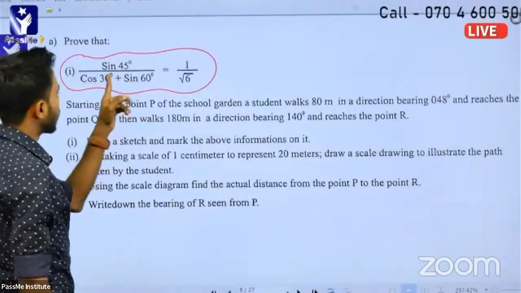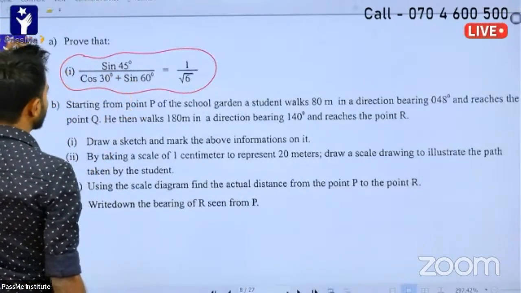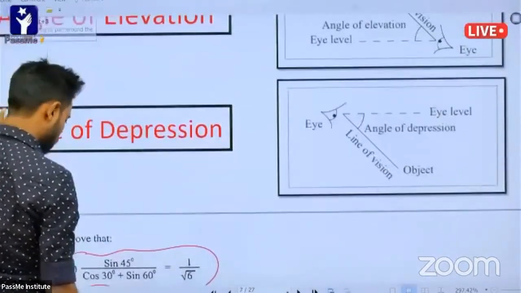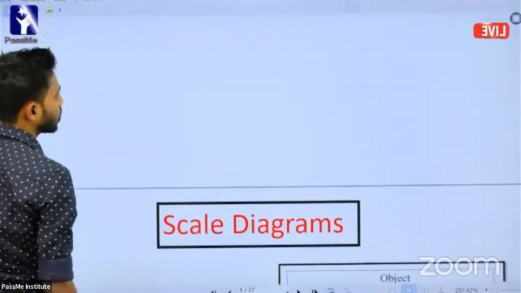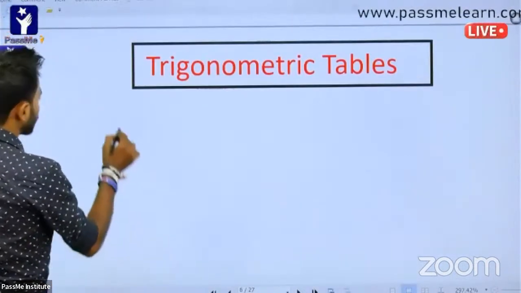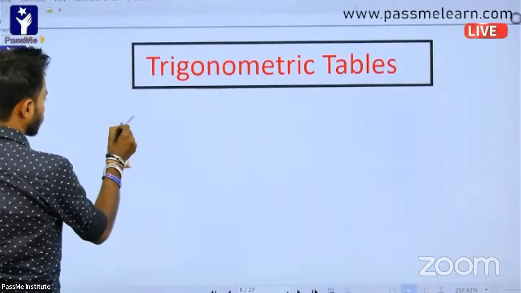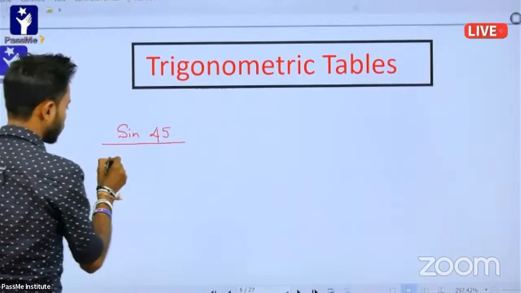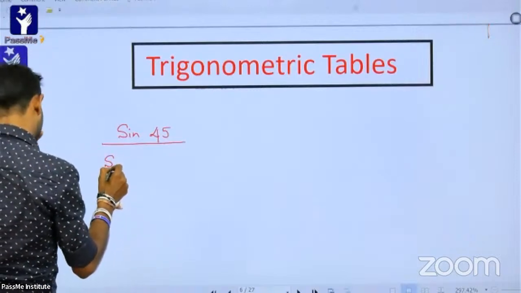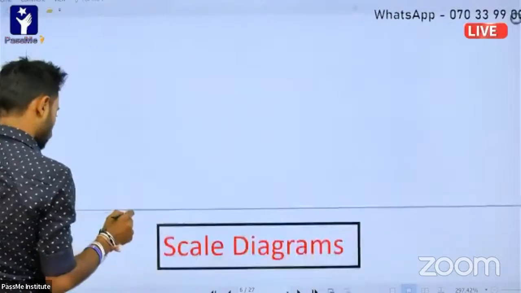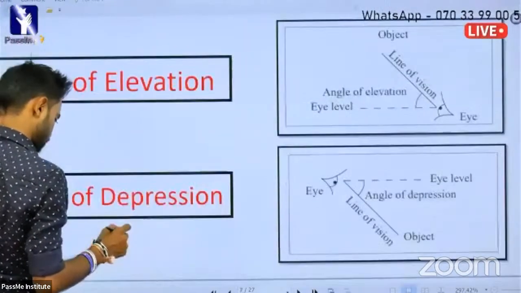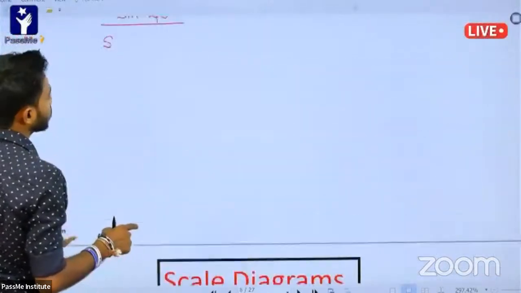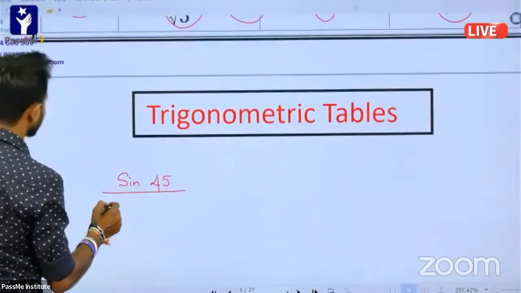I will rewrite this one: sine 45 divided by cos 30, then sine 30 and sine 60. I will use the top space for a moment, then I will go to the next one.